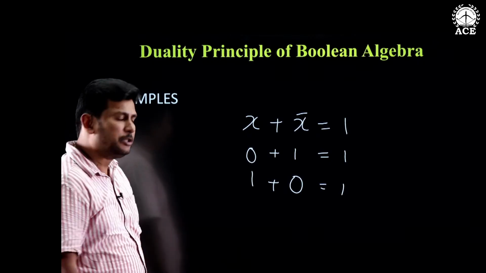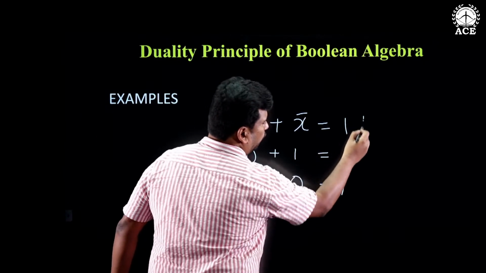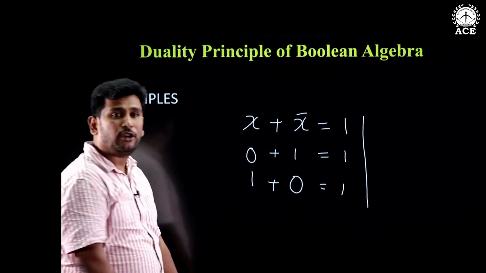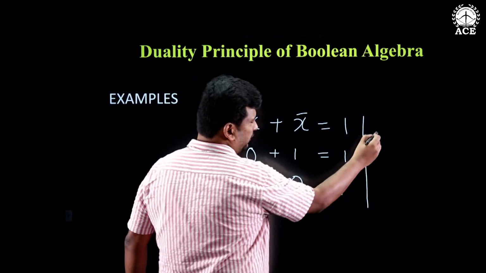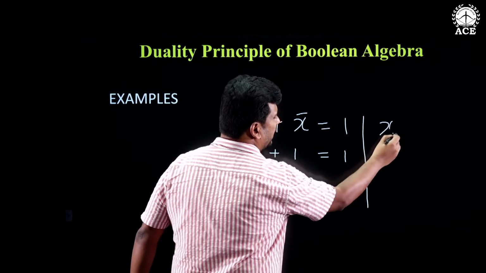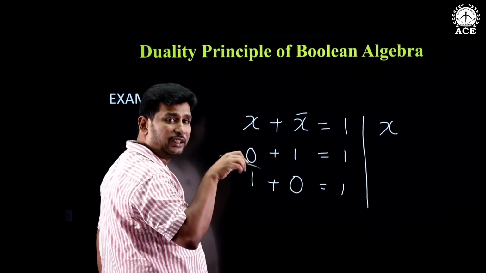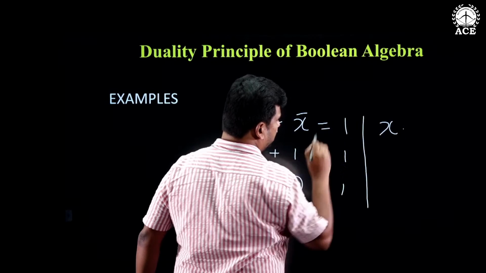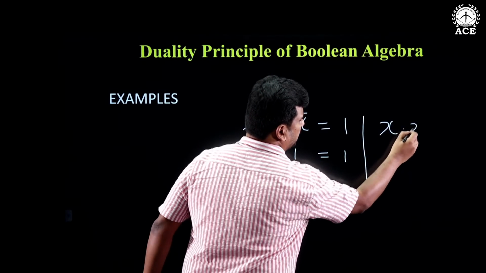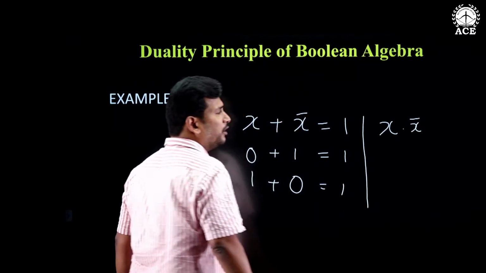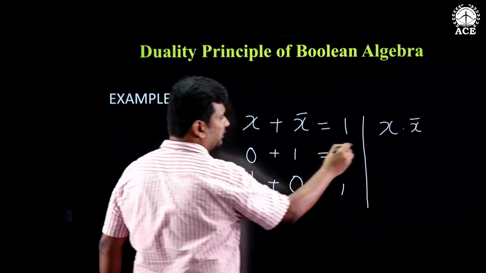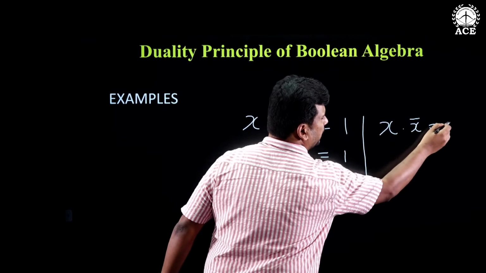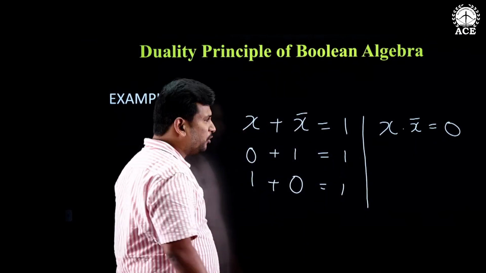Sounds clear? Good. Then what will be the duality of this particular expression? First, your OR gate has to be interchanged with AND, your variables remain the same, and your identity elements have to be replaced. That is, 0 becomes 1 and 1 becomes 0. So let's check it.